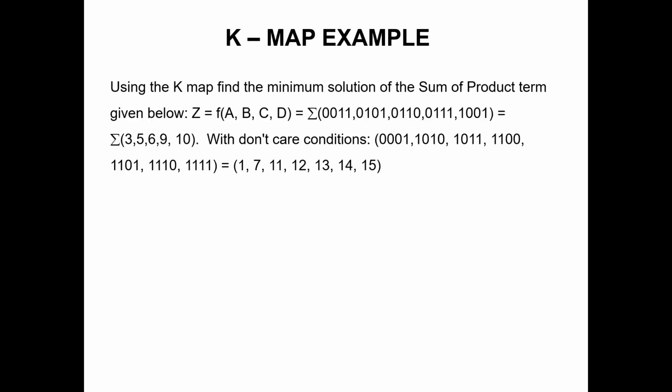We'll take an example. Here we are having one output Z, which is a function of A, B, C and D. These are in the SOP form, and here is its decimal equivalent, with the don't cares. These are the don't care values.